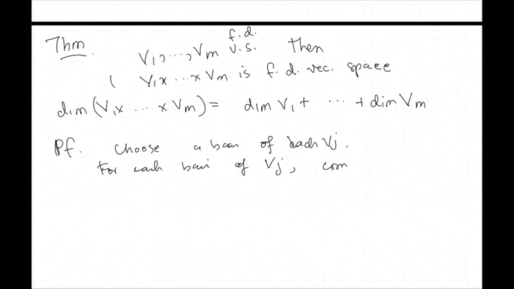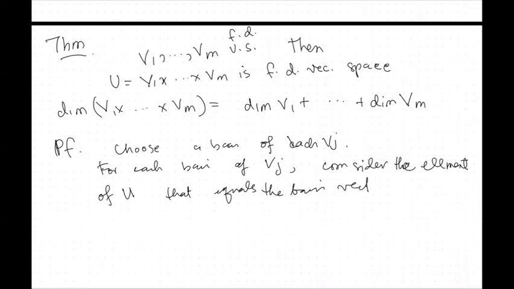Let us call this U. Consider the element of U that equals the basis vector in the jth slot and 0 in all others.